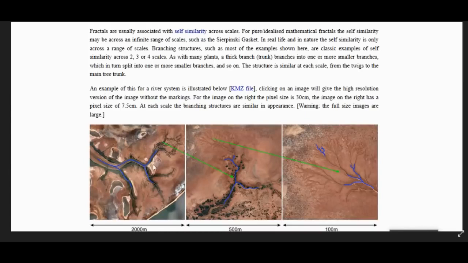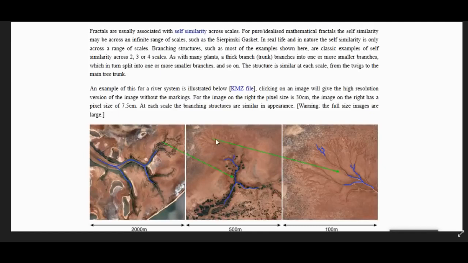So this is an example of a river system at different degrees of magnification, so on different scales. Here you observe the branching pattern that's happening, and they're showing you if you zoom in on a particular area, the area itself goes on to branch off into other trees as well.